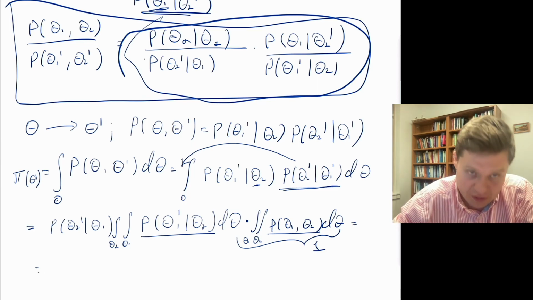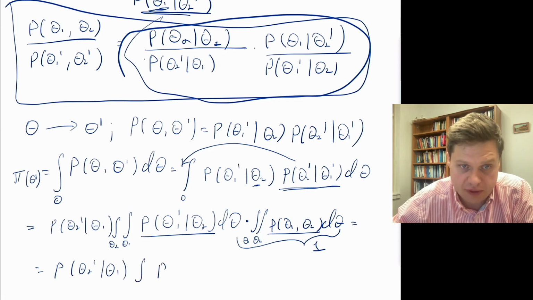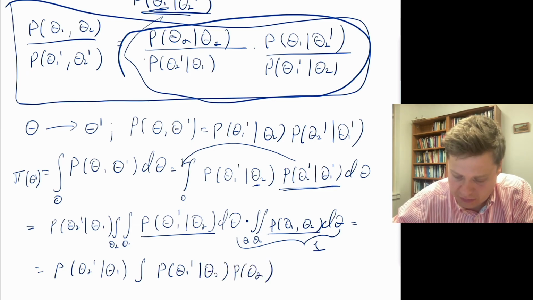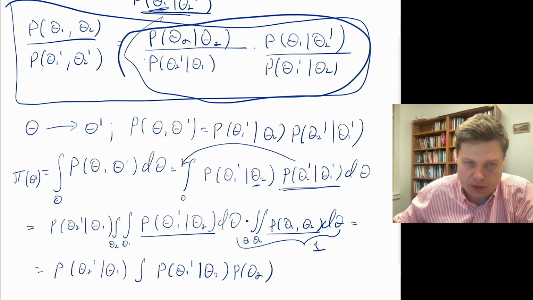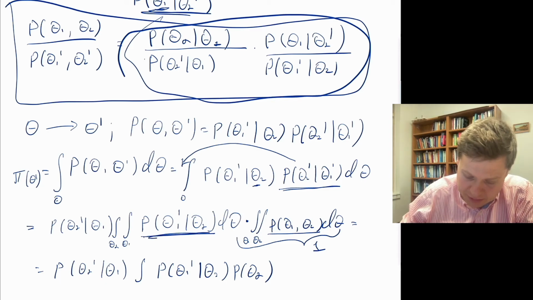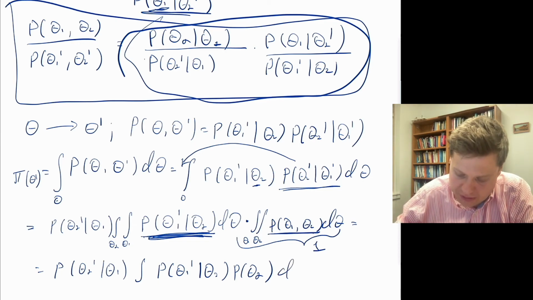And you can simplify it, and it becomes p of theta 2 prime given theta 1. And then you're going to have the integral of p of theta 1 prime given theta 2, p of theta 2, because this part here does not really depend on theta 1. And so if we just integrate theta 1 here, we'll have the marginal p of theta 2. So the integral only depends on p of theta 2 at the end.